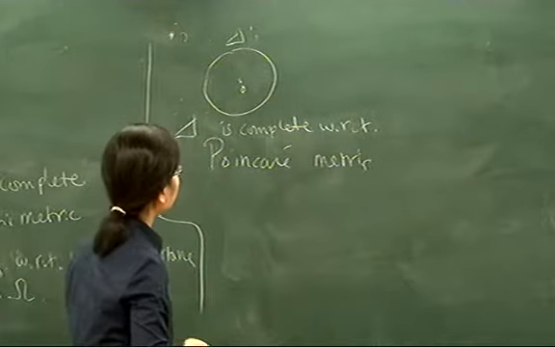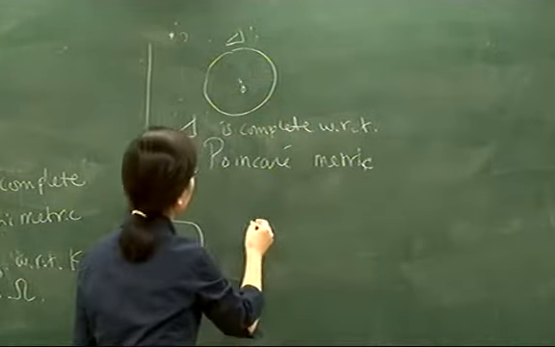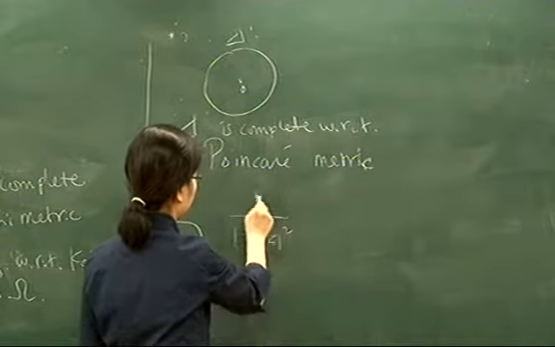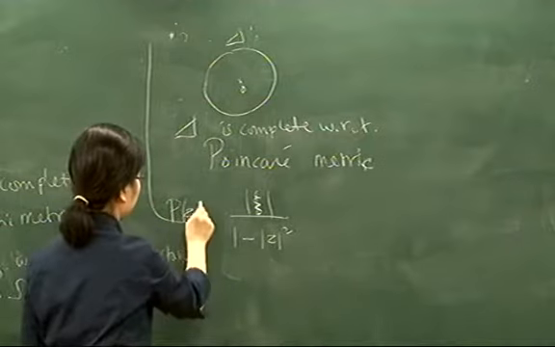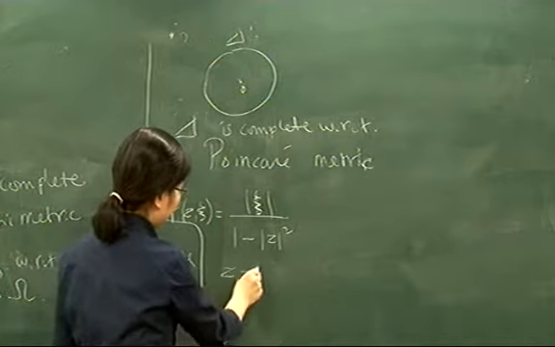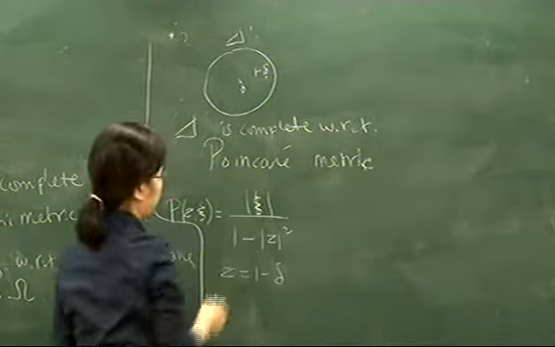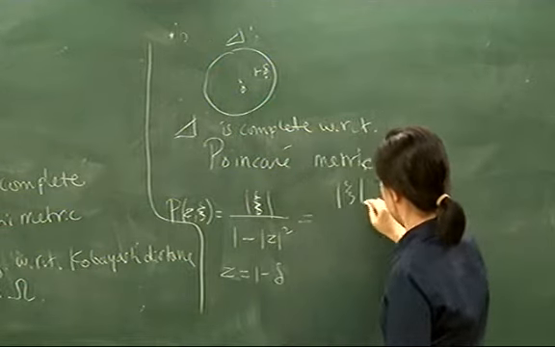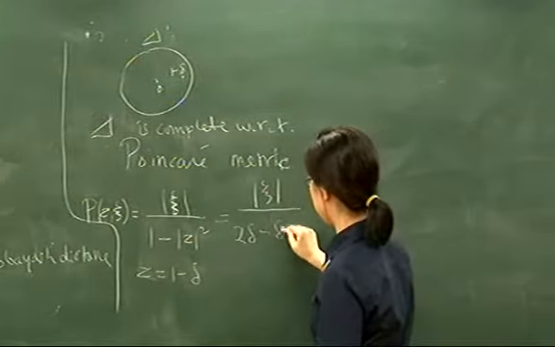And then here, if you look at the definition of the Poincare metric, say 1 minus |z|^2, the Poincare metric at the point z, then when z is, say, 1 minus delta, very close to the boundary, then this becomes, well, if you subtract, you get 2 delta minus delta squared.